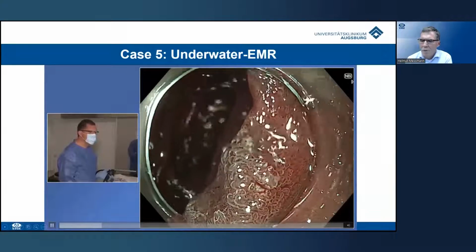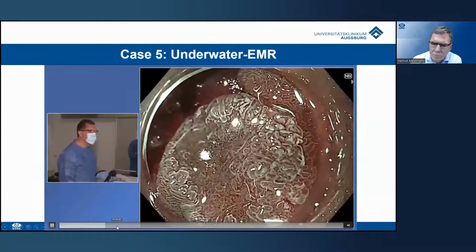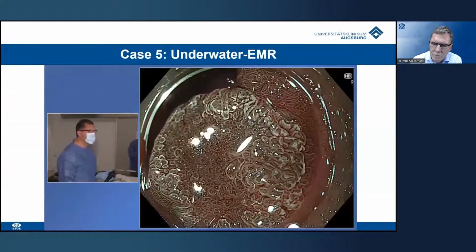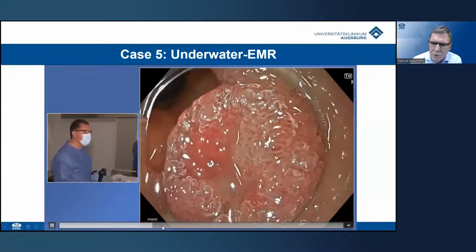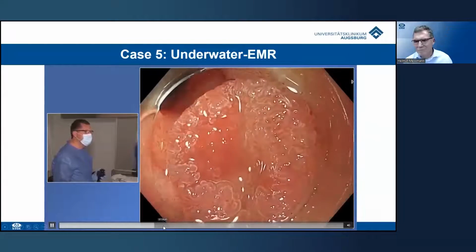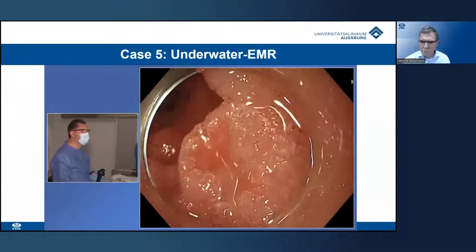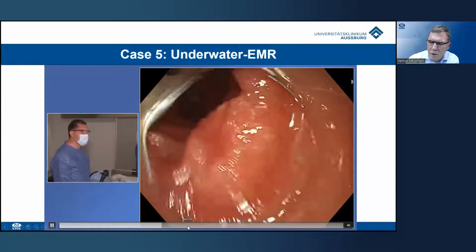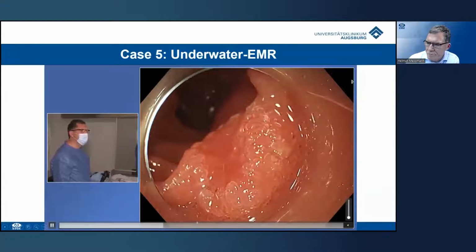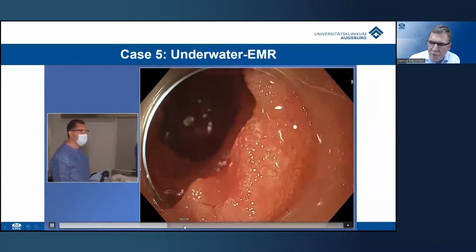The mucosal pattern seems to be a little bit disturbed. So this is an interesting case of a 62-year-old, better visible with white light, this TXI, and I like this mode. So I think again inspection is very helpful at the very beginning.